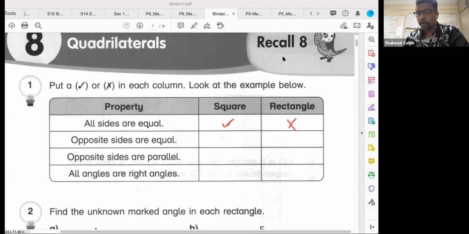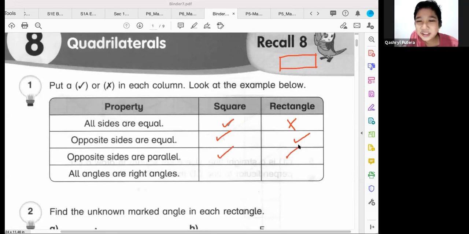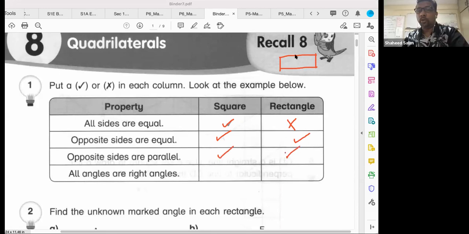You all know that a rectangle is something like that. Then the next one, opposite sides are equal, yes. Opposite sides parallel, also for square. How is a rectangle not the equal side? Only two sides are equal, one side equal, one side equal. This one not equal, according to this one now.